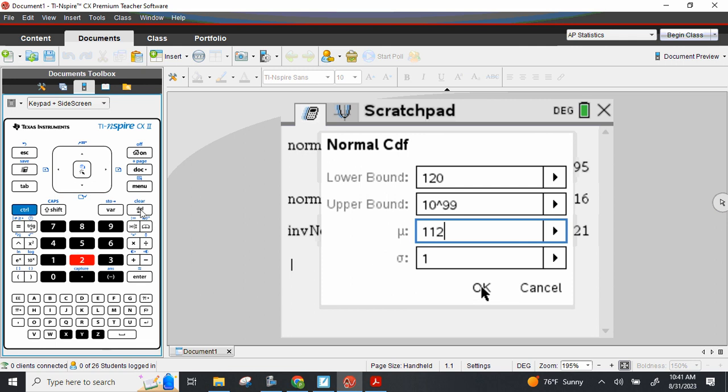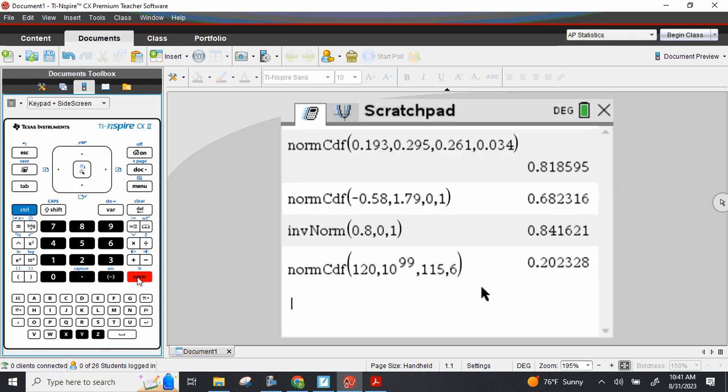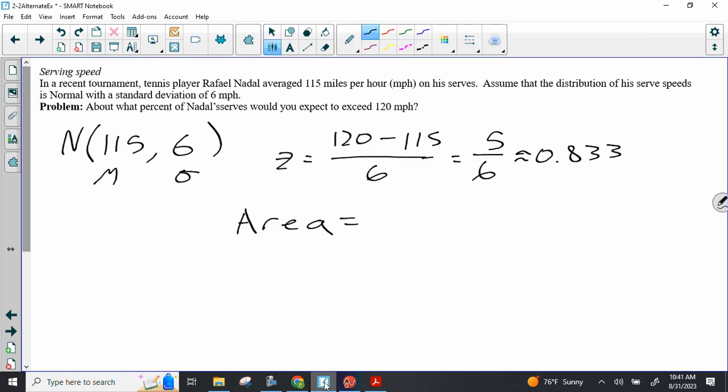Man, some days I am on my game. Some days I'm not. Okay. 0.2023 approximately. And we're asked for a percent, so there it is.